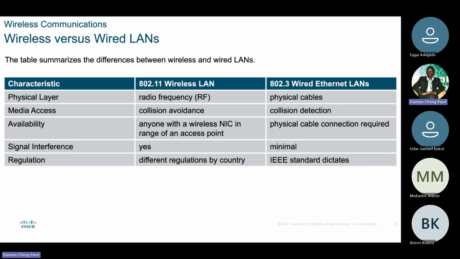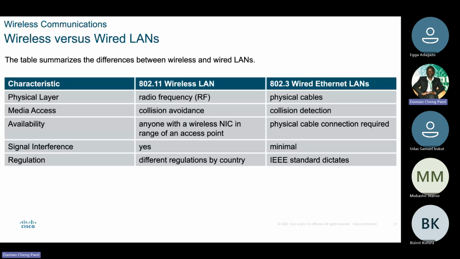Physical layer. The physical layer for wireless uses what? Radio frequency, RF. The physical layer for the wired is usually physical cables. The media access: what we mean is the media are usually being shared.